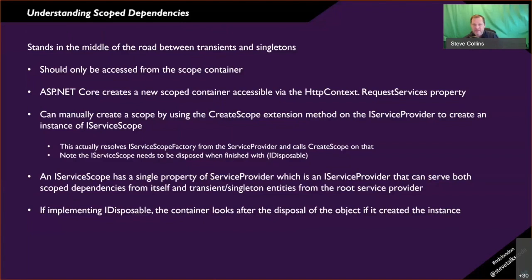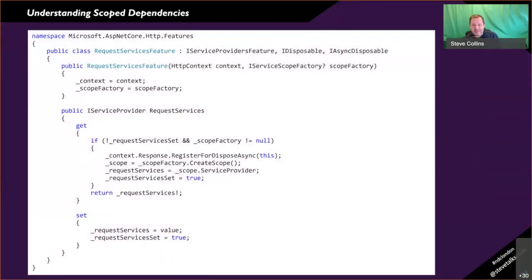That's a bit of a mouthful to explain, so maybe looking at how ASP.NET Core does it will provide some clarity. As I say, in ASP.NET Core, the creation of scopes is taken care of for you when a request response lifetime is started. The server will create a load of service features, but the one we're interested in is the request service feature. As I described just now, the scope factory is used to create the scope as highlighted here.